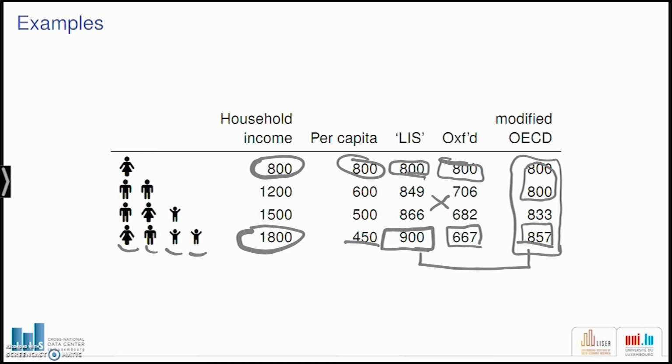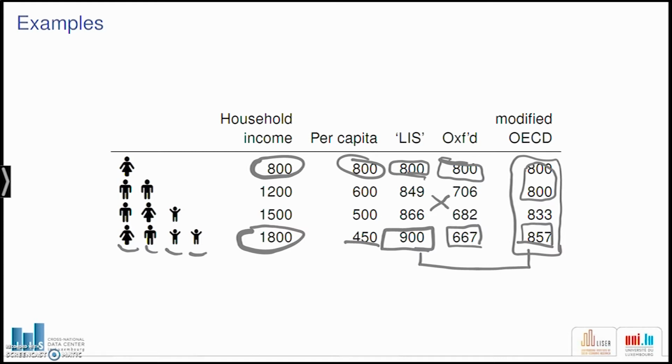Now, is this likely to make a difference to your research? Well, it's been found that this is potentially relevant to research that's trying to compare the relative situations of different population subgroups. So if you're looking at poverty among children or poverty among the elderly, and how their relative position with respect to the total position, well, the choice of an equivalence scale is likely to make a difference.